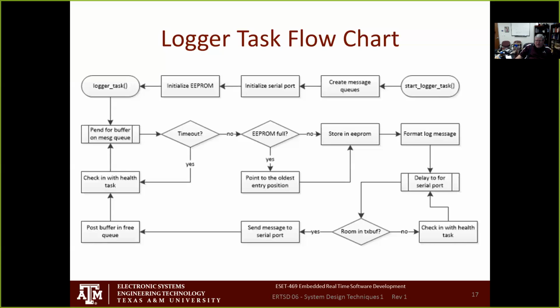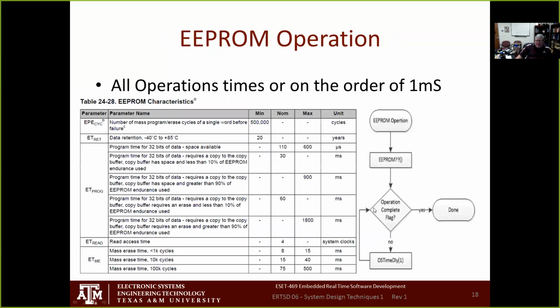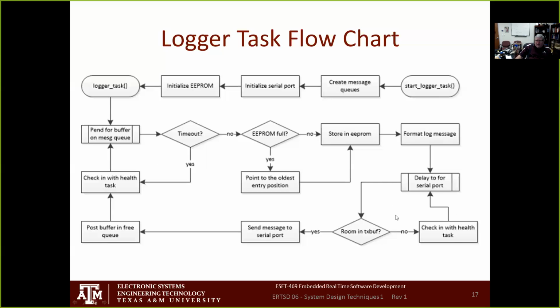So if there's not room in the transmit buffer, then I think I'm just going to check in with the health task and sit here and wait. Now, the reason for this is this delay gives time for another function to operate, and this lets us, even if the serial port is slow, to not lose things in our circular queue.